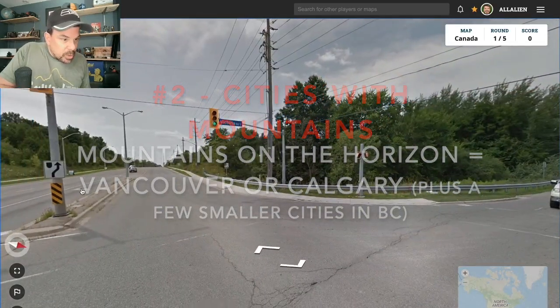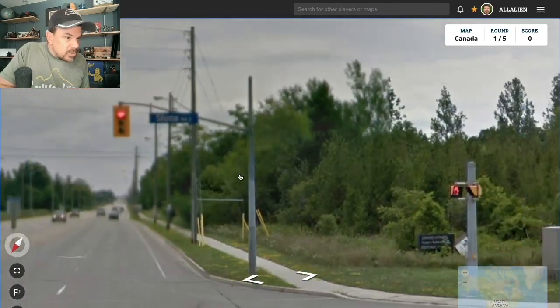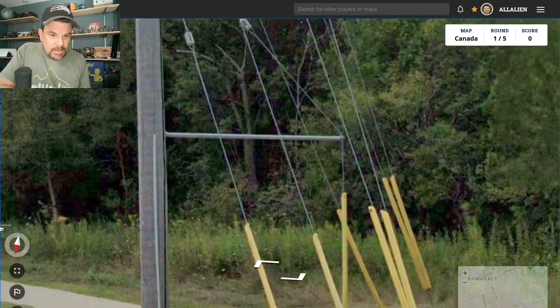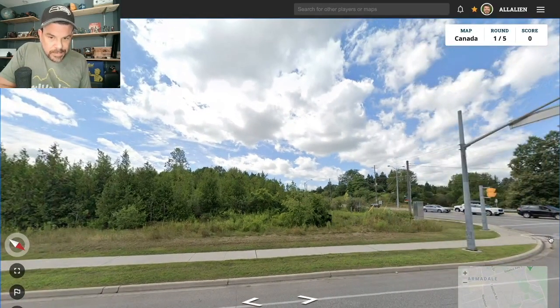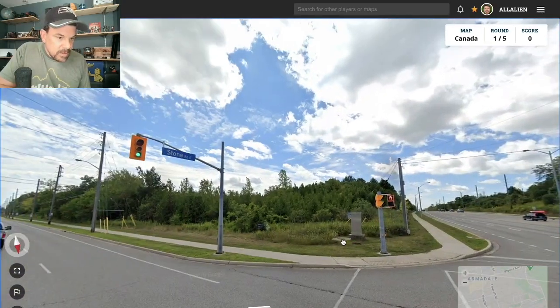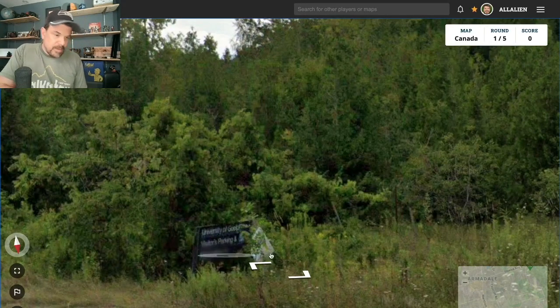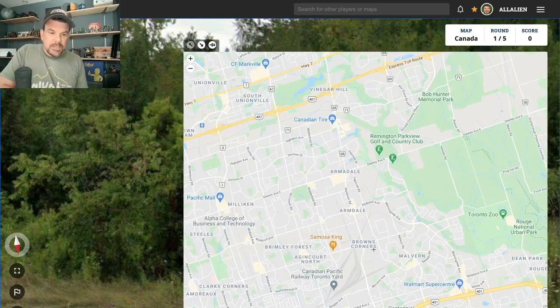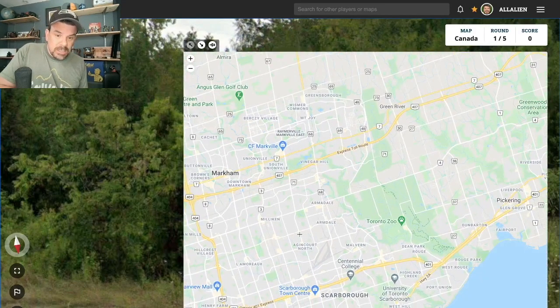So we're on Victoria Road South and Stone Road East. I saw another sign here that may be useful. University of Guelph. So, well, that's the danger of advertising.